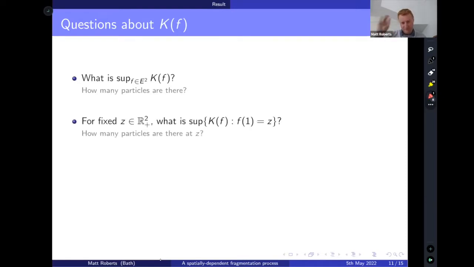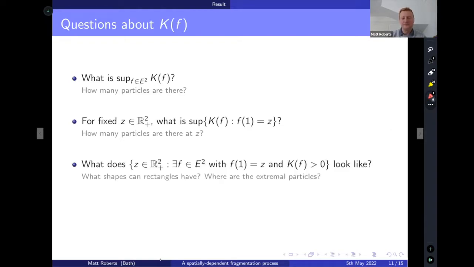So if you think back to that phase plot that I drew for a fixed z, what's the supremum of k of f? So how many particles are there at z? What's the supremum of k of f such that f of 1 equals z? And for what values of z is there an f such that k of f is positive?